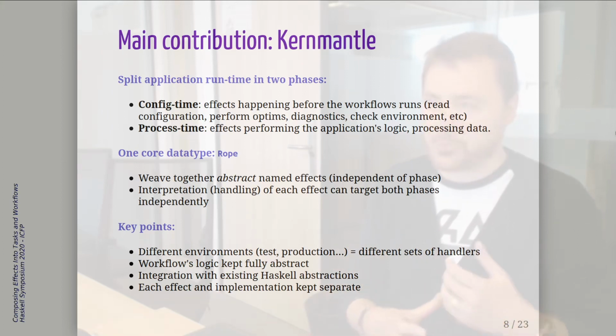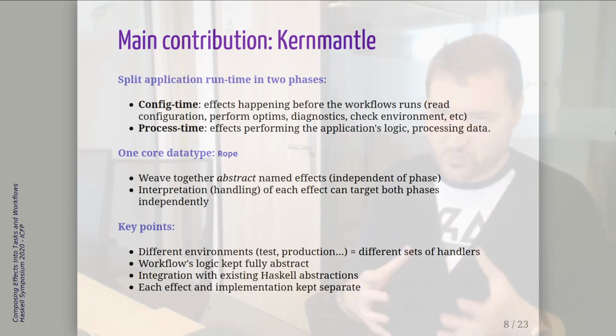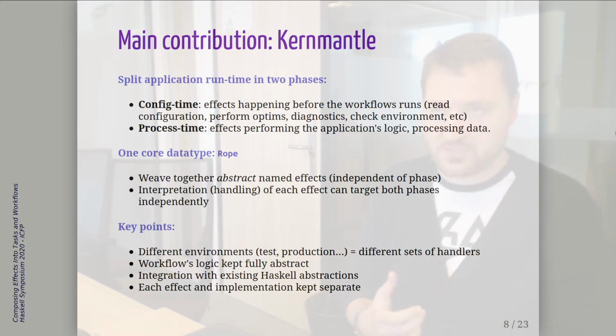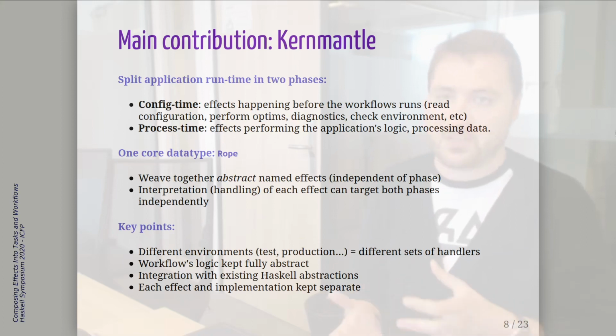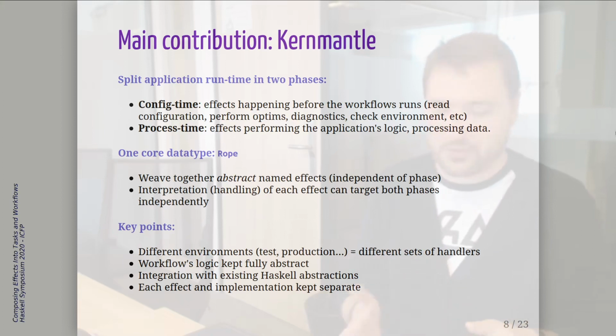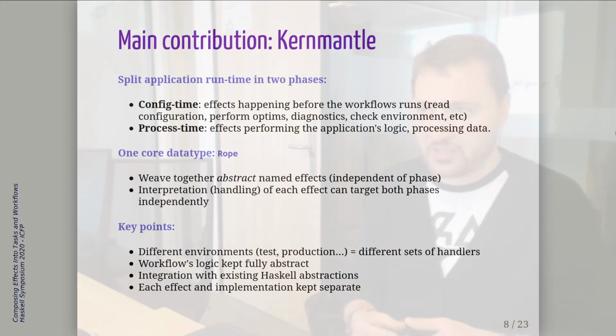And then the interpretation of these effects is really where the developer chooses how to interpret these effects, depending on the context, depending on the deployment environment and everything, and can choose what phase should be targeted, either one or both of the phases.